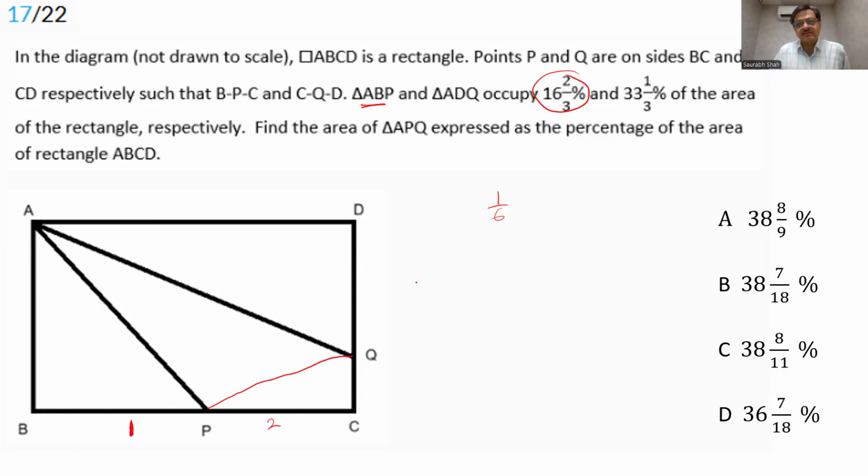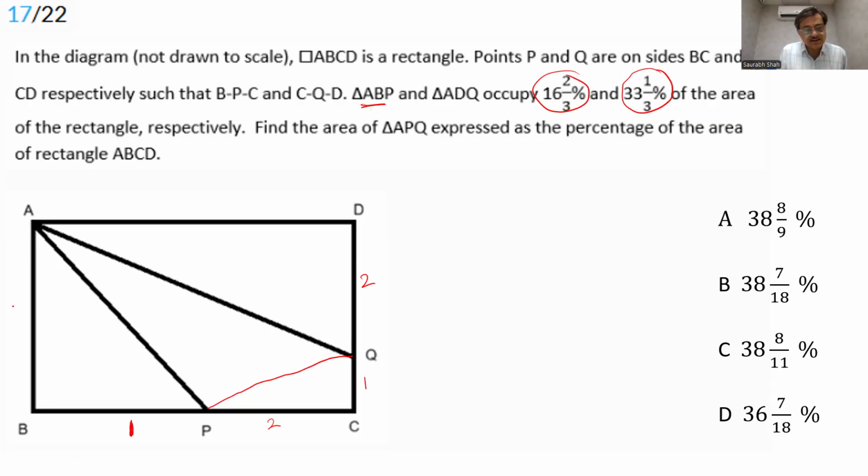Similarly, what about the triangle ADQ? That area is 1/3 of the total. So again, I can draw this, then it would become 2/3. So this base is 2/3 of the total. So if I take this as 2, this is 1. And that gives me my answer quickly.